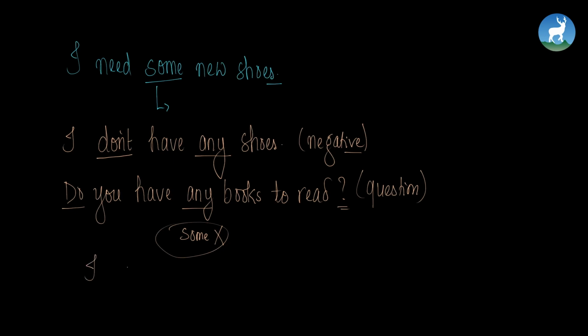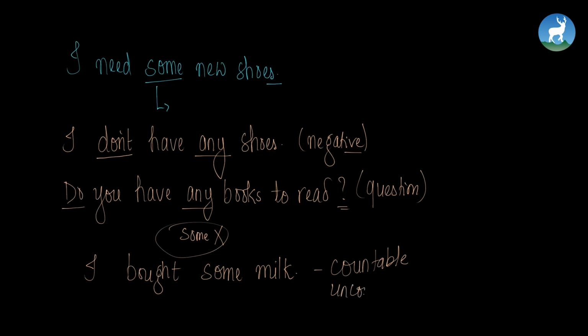So if I say I bought some milk. Alright. As I had said, some can be used for both countable or uncountable nouns, right? Here milk is uncountable, but we used some. Here we don't have any specific quantity of milk, and since it's not revealed, we use some here. Now asking a question, what will happen?